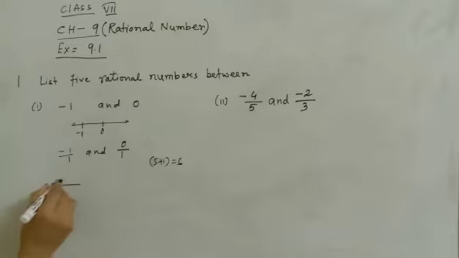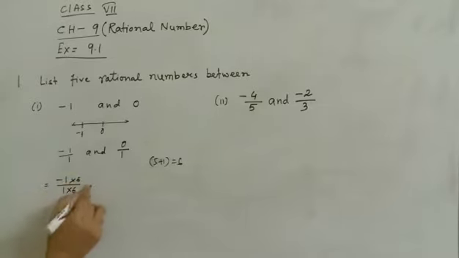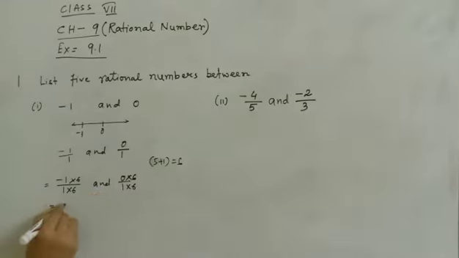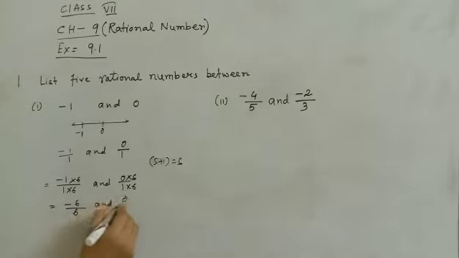If I multiply both numerator and denominator by 6, you will get the same number because it is an equivalent fraction, and 0 by 1 also you are multiplying by 6 into 6. Then what is the number? -6 by 6. See, it is again -1 only, and 0 into 6 means 0 by 6.